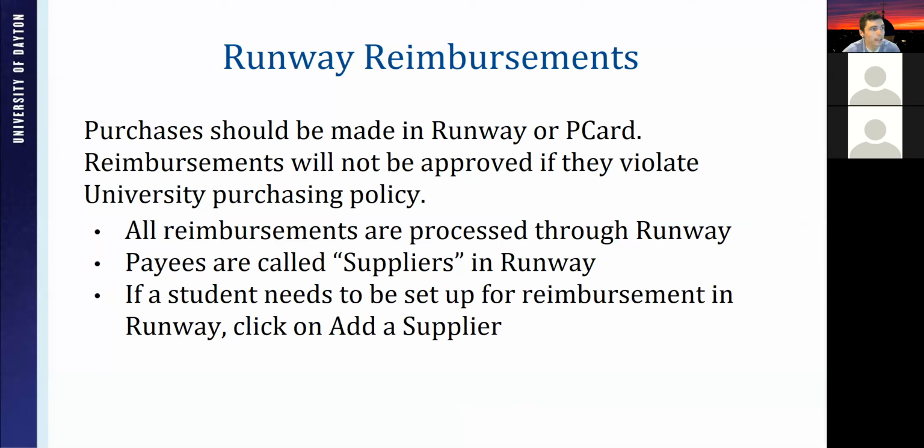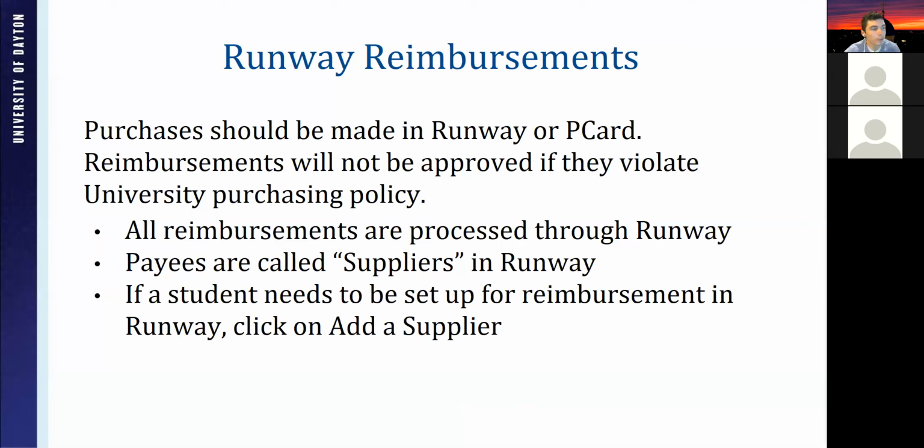After that, another option is Runway reimbursement. Where this usually occurs is, say you're having an event and you notice that you're running low on plates or forks or something simple like that. You send a member of the organization out to buy whatever you need, and they buy it on their own personal credit card. They bring it back, the event finishes up, and then the student wants to be reimbursed.